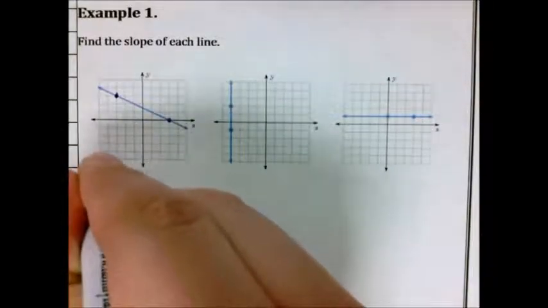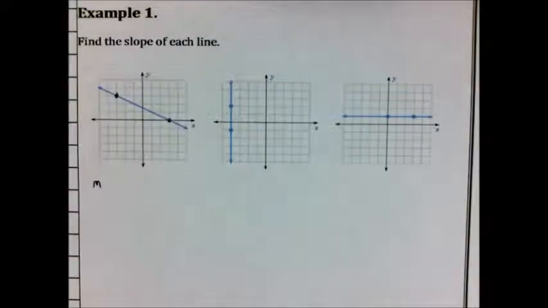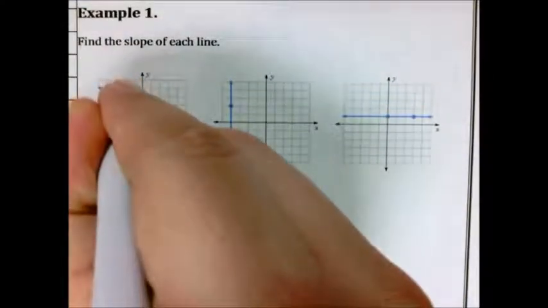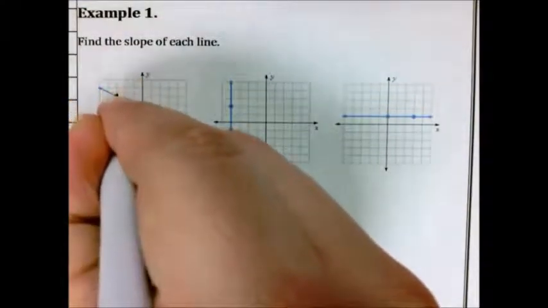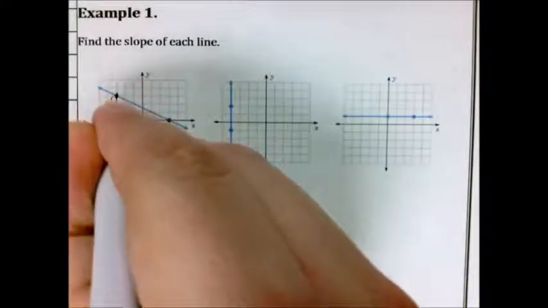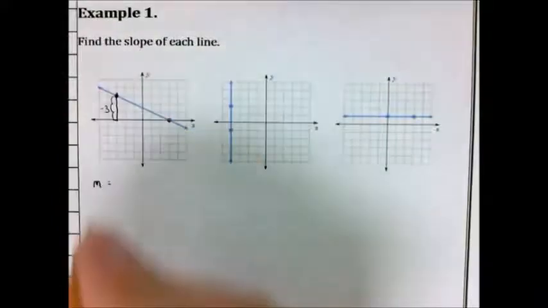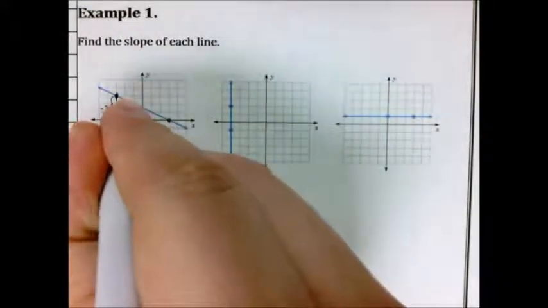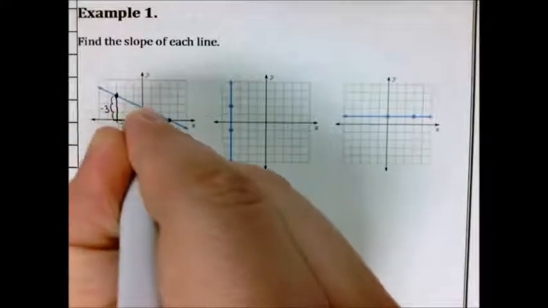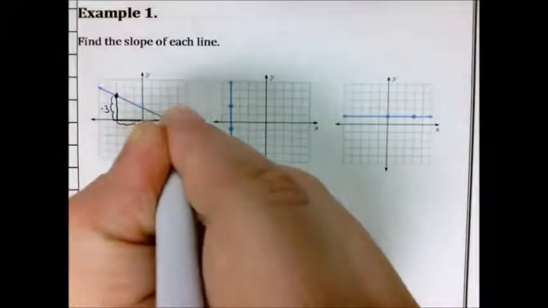Sometimes when we talk about slope, we use the variable m to identify slope. So m is equal to the rise over the run. So let's first figure out how much we are rising. It looks like we're actually just falling, right? We're falling 3 points, 1, 2, and 3. We're going down 3, and then we're running, going this direction, 1, 2, 3, 4, 5, and 6.